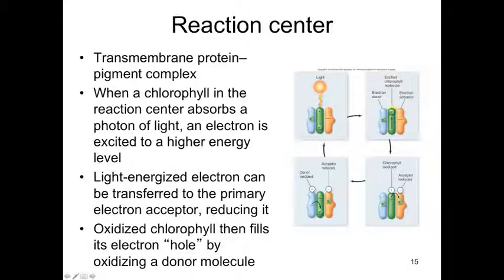So light excites the electron, it's raised to a higher energy level, it's passed on to an electron acceptor, leaving an electron hole, and then a donor molecule will donate an electron to fill that hole. So we have an electron flow, so to speak, through these three entities.